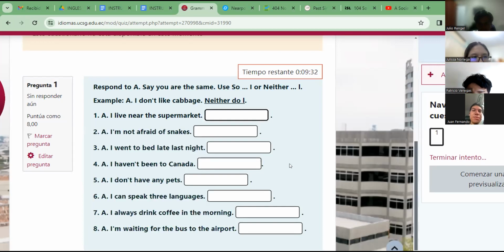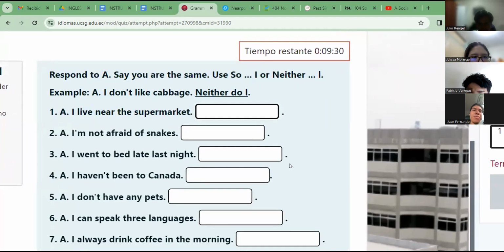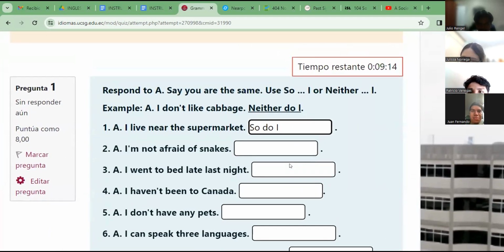I live near the supermarket, so do I. Exactly. Perfect, Juan. Because it's positive and it's simple present tense. You can open now the activity, so do it and then we check.